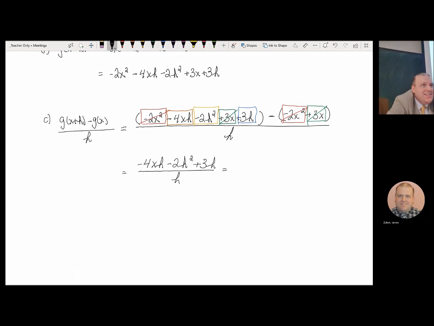Well, I guess you technically can, but then we're gonna have fractions. No, let's not do fractions. We don't have to. In fact, factor out an h. Specifically, and this is preference only, I'm going to factor out a negative h. I don't like negatives.